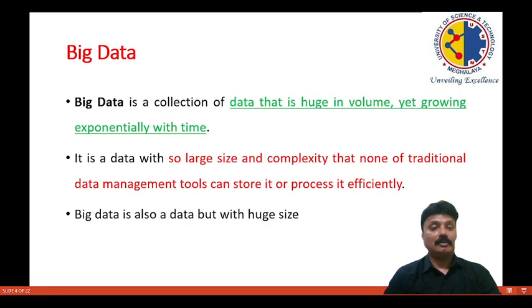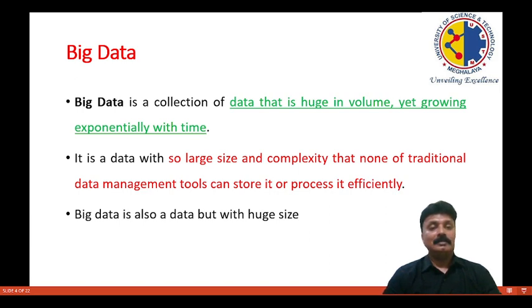Now the concept of big data. Big data is a collection of data that is huge in volume and growing exponentially with time. There are several applications like Facebook, or maybe some trading, or other applications like jet engine flying timings.